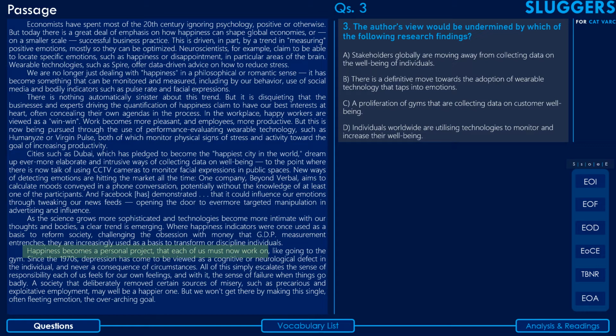So in this passage, the author's point of view can be summarized as follows. I'll write it down here for you. He basically says that globally there is a trend towards measuring, monitoring, and optimizing.